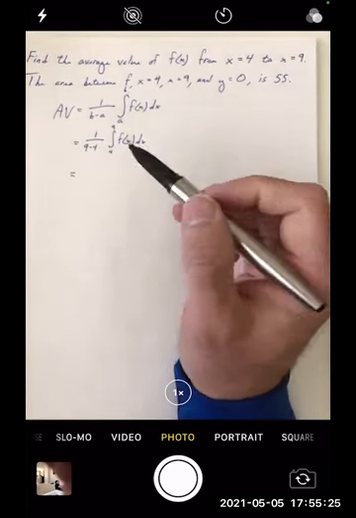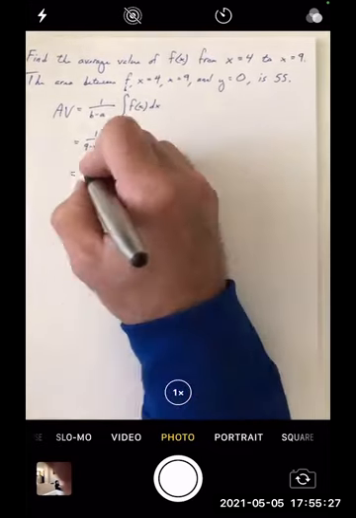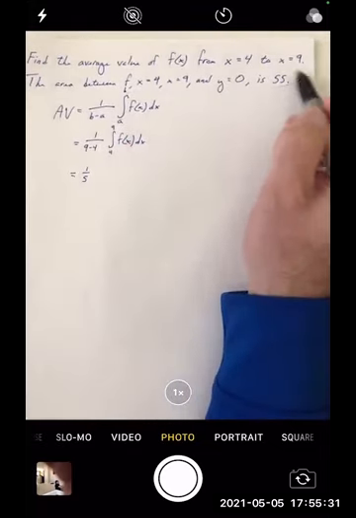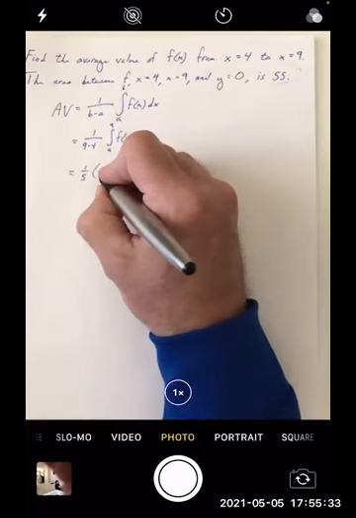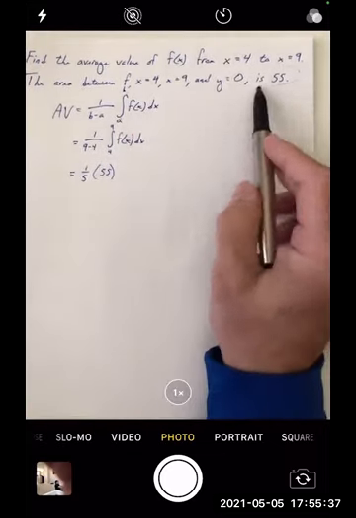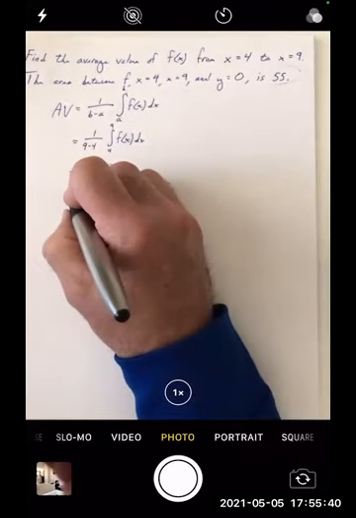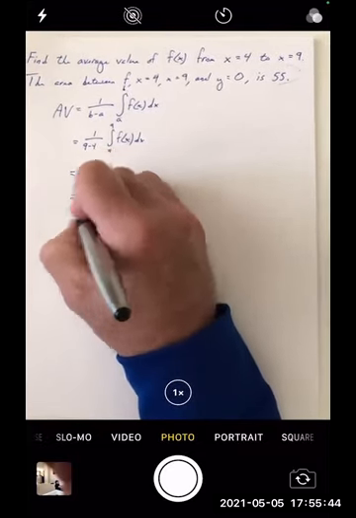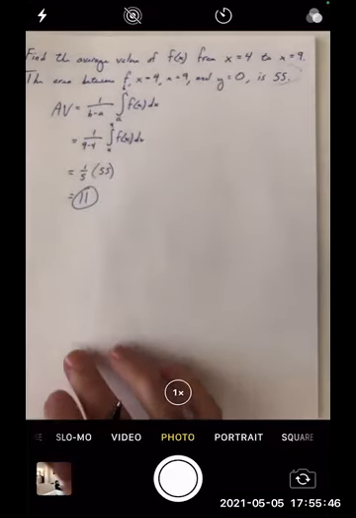The area. Do you know what the area is? That's 55, given. So you didn't have to worry about integrating it because you knew the area. So just stick it in, multiply it out, simplify. So your average value is 11.